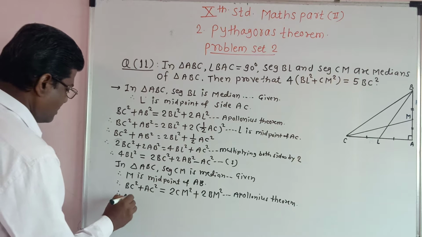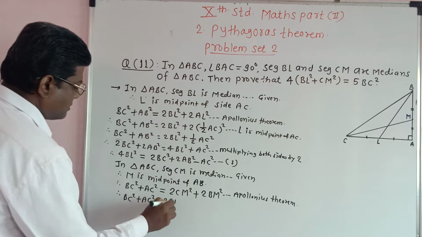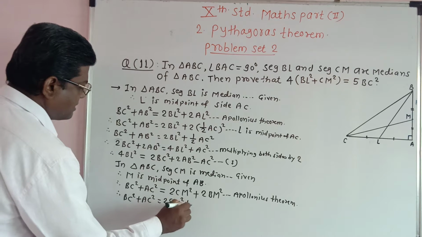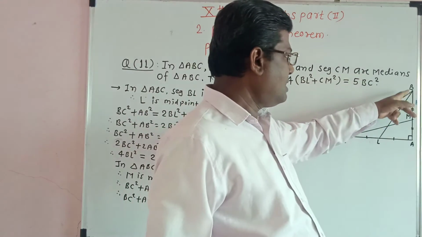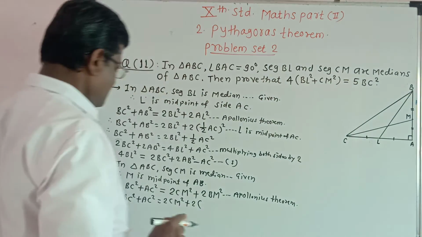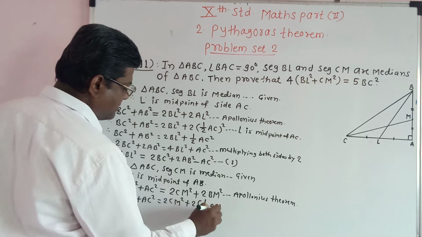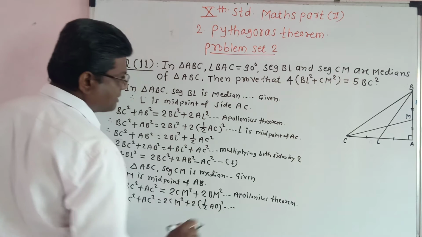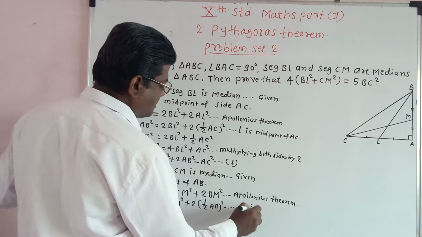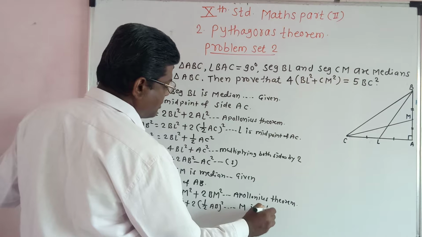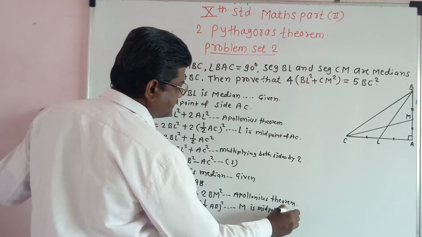Therefore, BC square plus AC square is equal to 2CM square plus 2 in bracket BM. BM is half of AB. Therefore, we write 1/2 into AB bracket square. Reason is M is midpoint of AB.